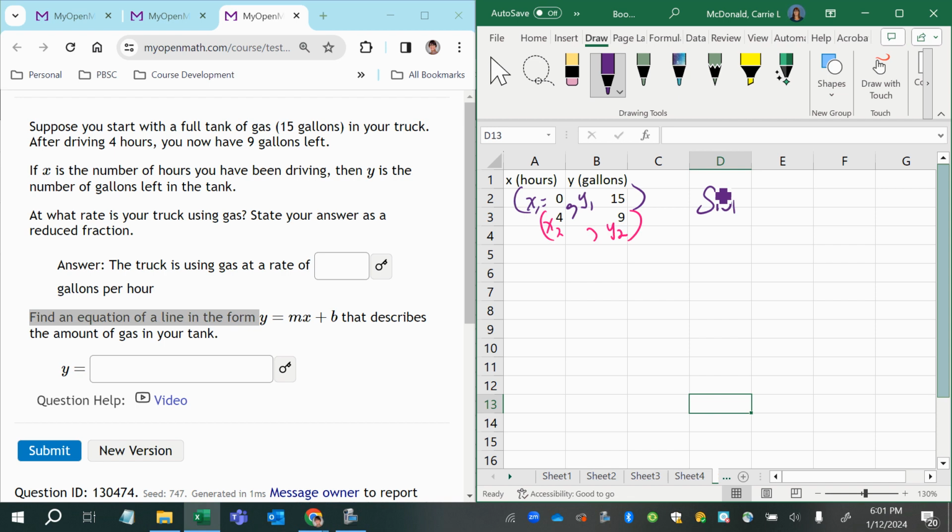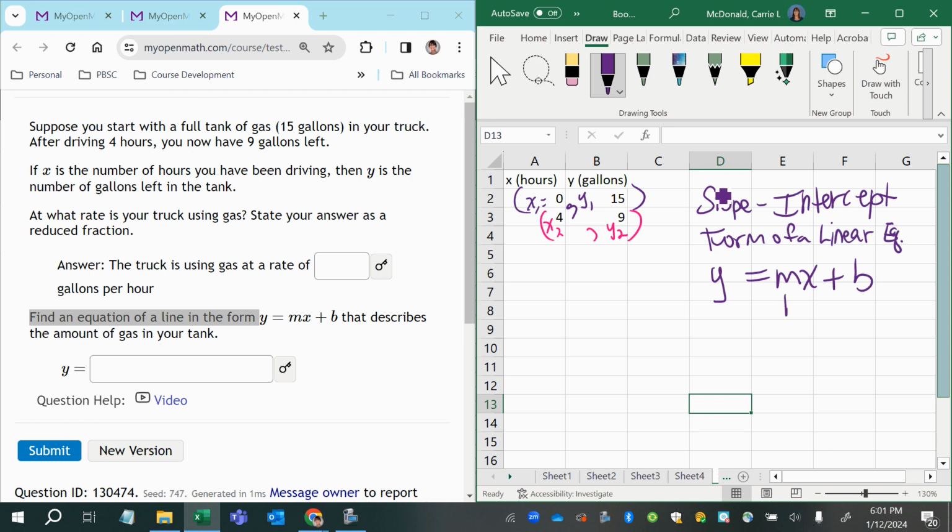Hopefully you were remembering the slope intercept form of a linear equation, which is y equals mx plus b, and the m is your slope, commonly known as the rise over run, and more formally known as m equals y2 minus y1, meaning you just find the difference in the y's to see how far apart the 2 points are vertically, and then x2 minus x1 to see how far apart the 2 points are horizontally.